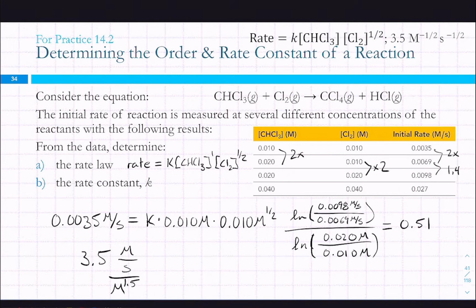So we are going to have 3.5 molar to the negative 1/2 seconds to the negative 1/2. Wait, sorry, not seconds to the 1. I don't think this is right. Right, because we're not dividing by, yeah.